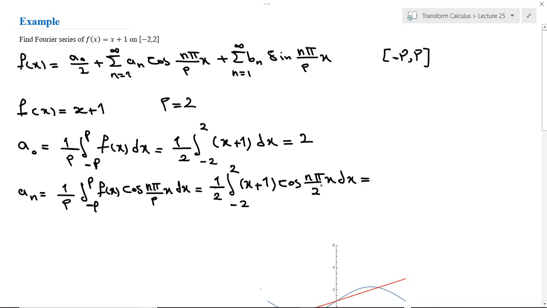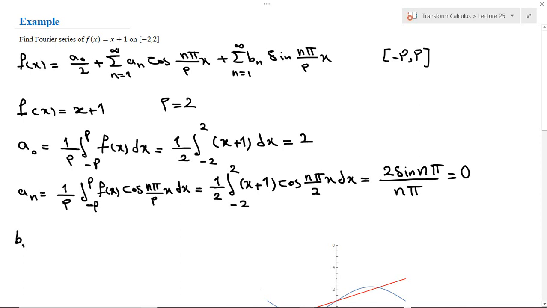So here you have to use integration by parts. It's very easy. If you find it, you end up with this result: 2 sine n pi divided by n pi. You know that sine n pi is equal to 0. As a result, an is equal to 0.